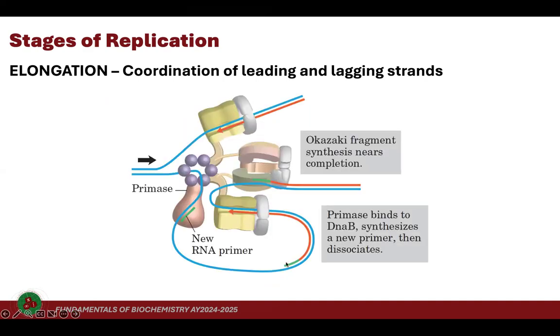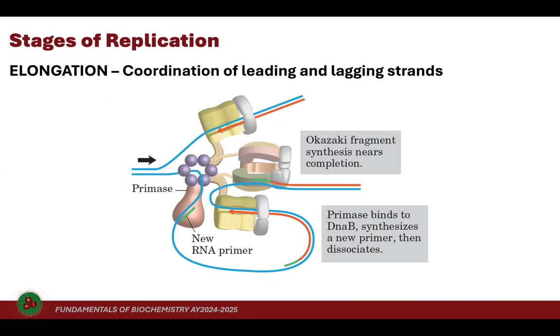Okay, so the process continues, but at some point, as the Okazaki fragment here that is being synthesized nears this complete Okazaki fragment, the primase attaches again to your helicase, and it starts to synthesize a new primer here.